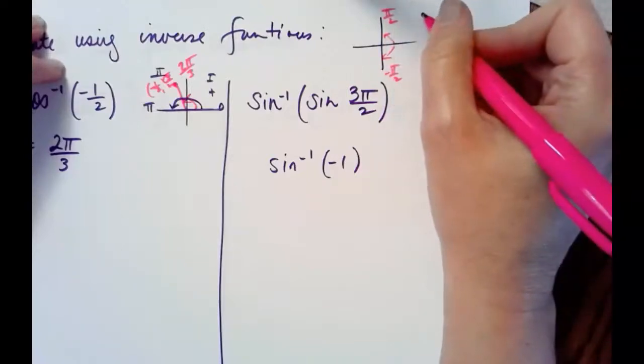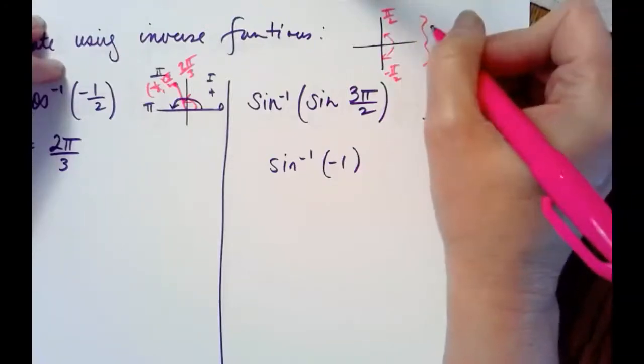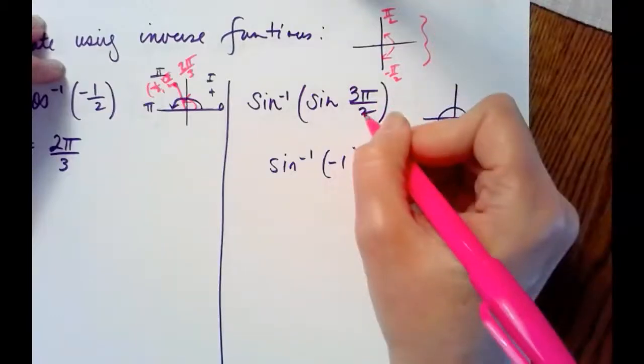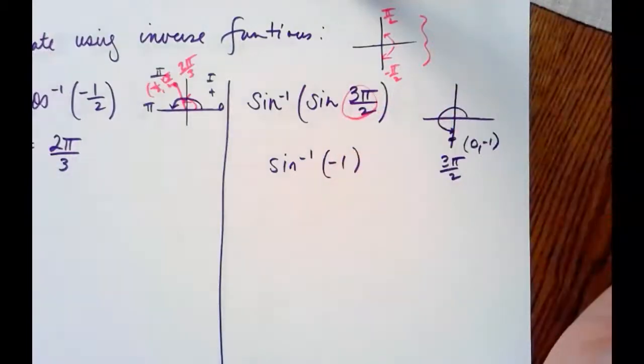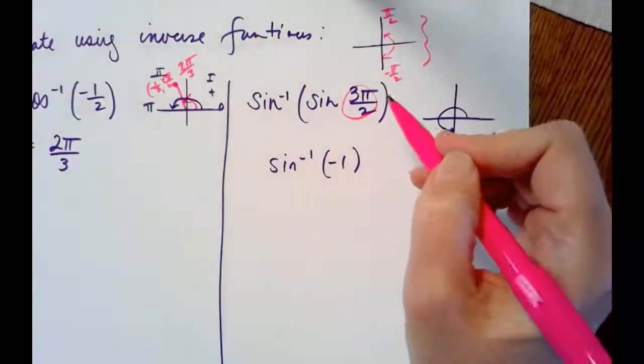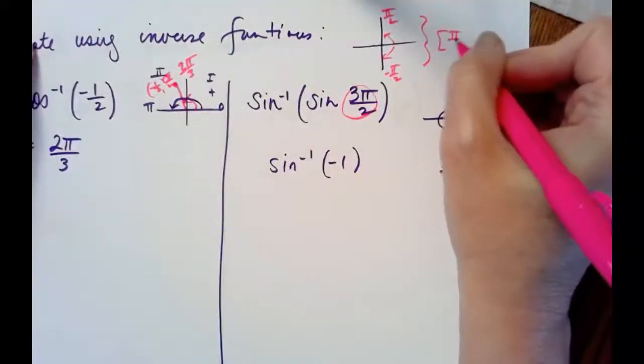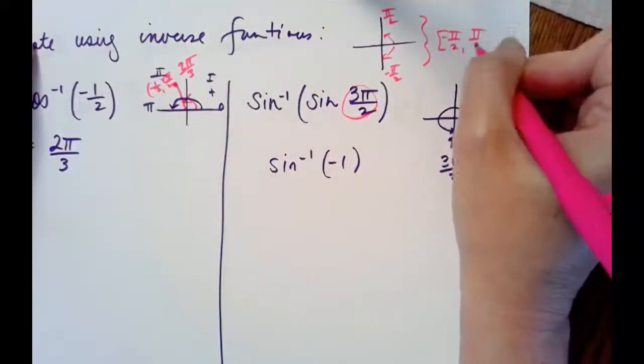The inverse sine only exists on the right-hand side of the y-axis. Therefore, this is not in the interval that is -pi over 2 to +pi over 2.